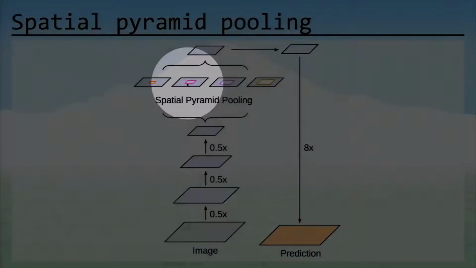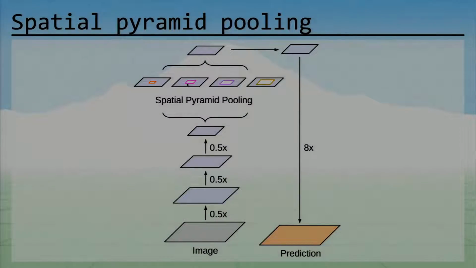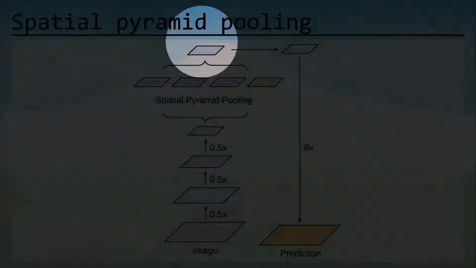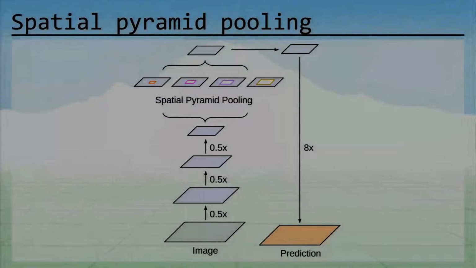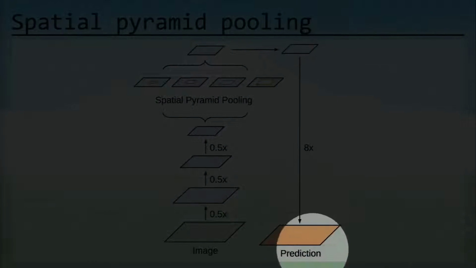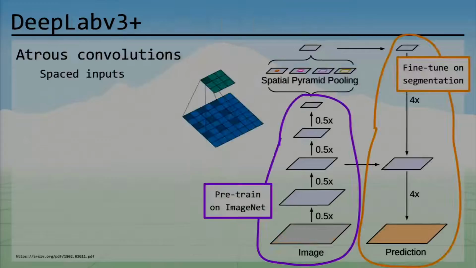We're going to do a bunch of different pooling operations of different sizes: a 2x2 max pooling, a 4x4 max pooling, an 8x8 max pooling, et cetera, to get a feature map that represents this feature map, but pooled over a few different scales. That way we have a network that's looking at both coarse and fine-grained information when we go from this output feature map to actually make our predictions.